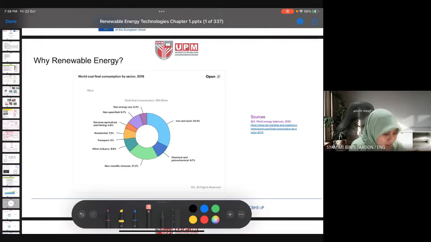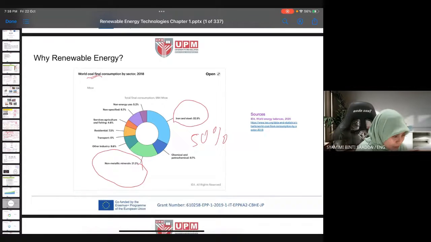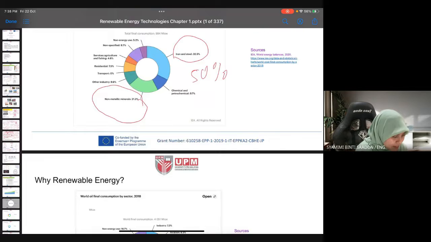Coal is used a lot more in the manufacturing of iron and steel, right? And non-metallic materials. About 50% of the worldwide coal is being used to manufacture iron and non-metallic minerals. Okay, and then oil.